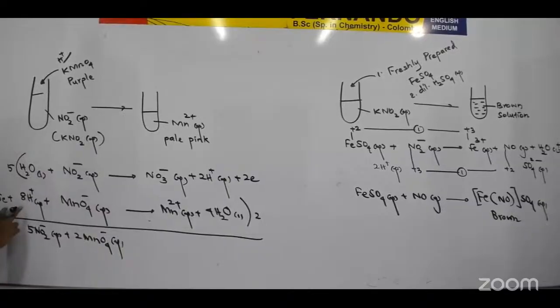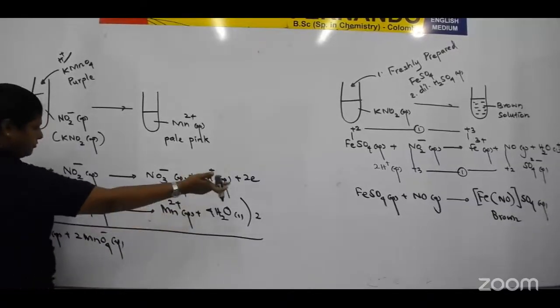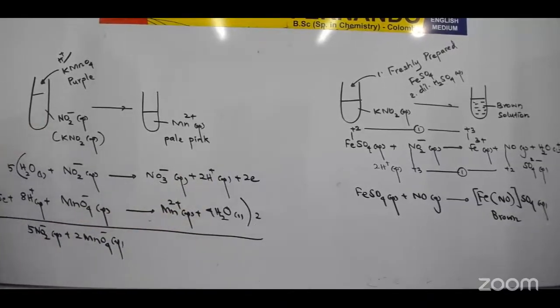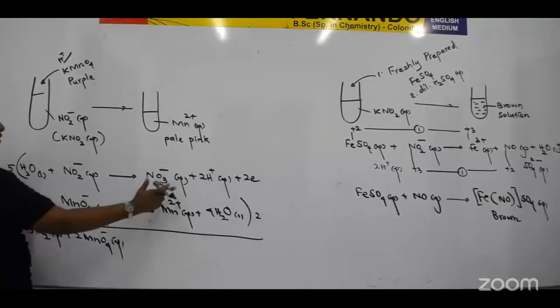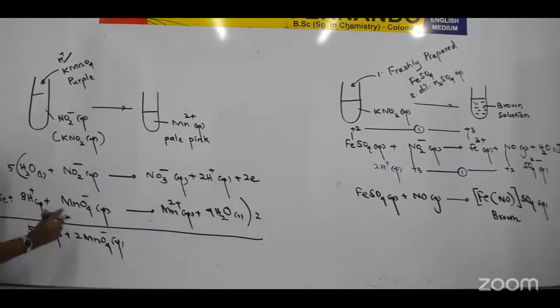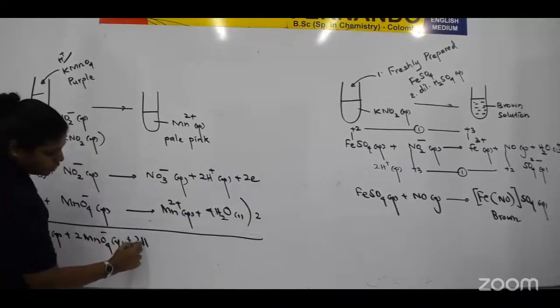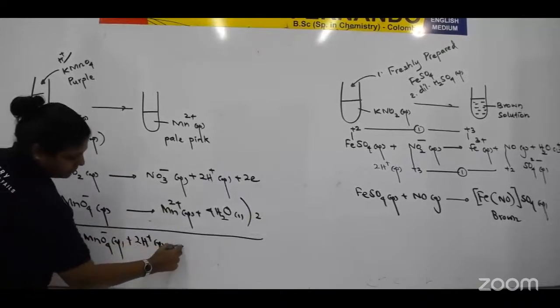Here 5 water, 8 water. We have excess water on the product side. 10 H plus, 8 H plus, remain 2 H plus.